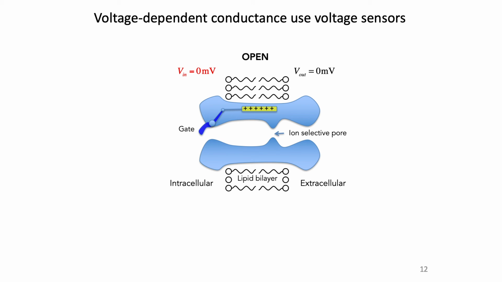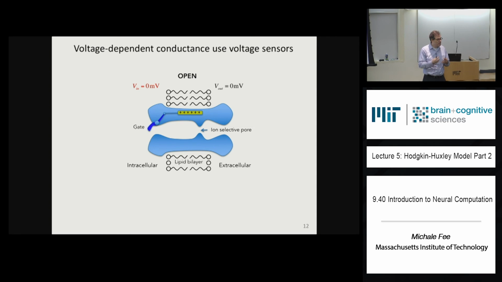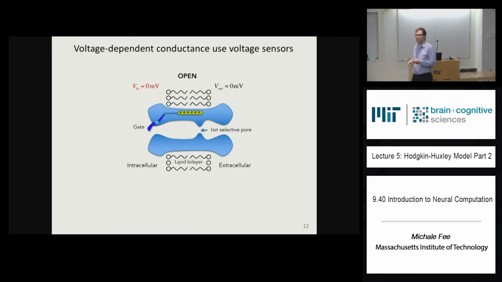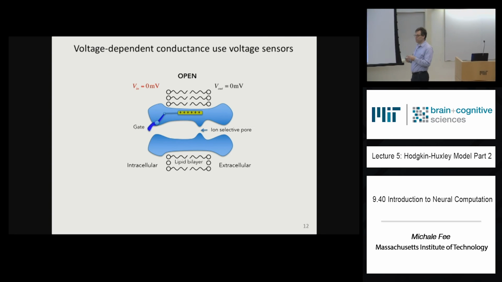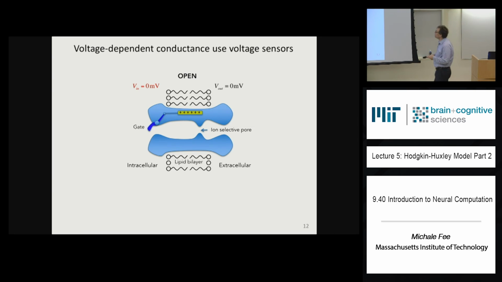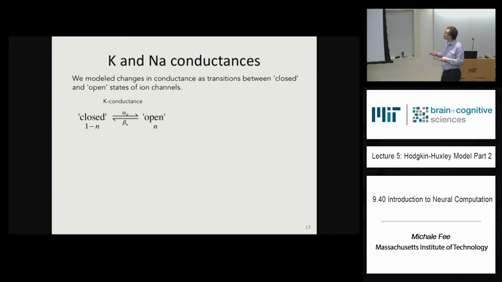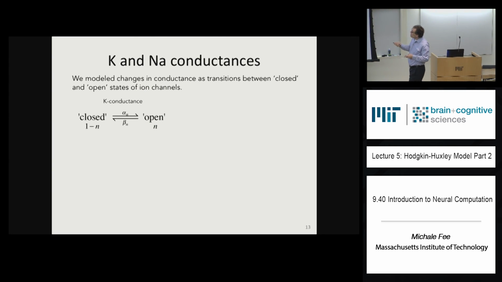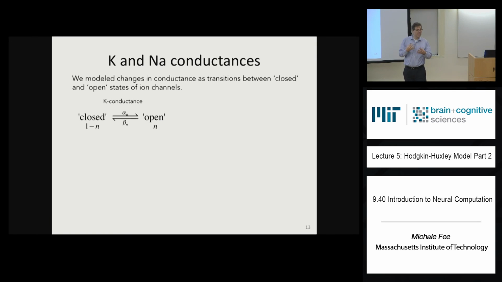Okay, so that is the basic cartoon picture of the mechanism by which voltage-dependent ion channels acquire that voltage dependence. Remember we talked about how we can model that time dependence.